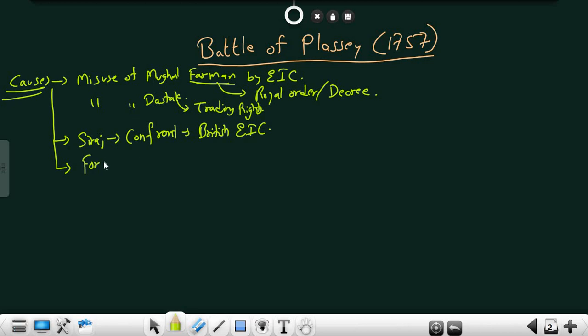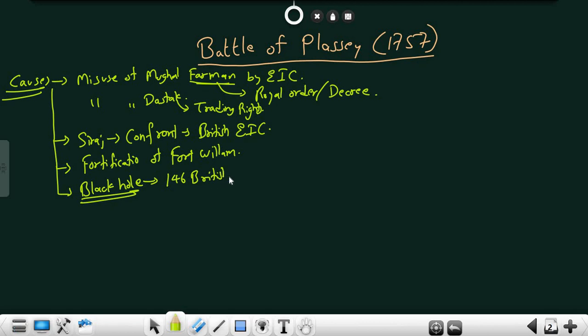The fortification of Fort William was also one of the causes of the Battle of Plassey. There was also the Black Hole incident, in which a total of 146 Britishers were imprisoned in a very small room.